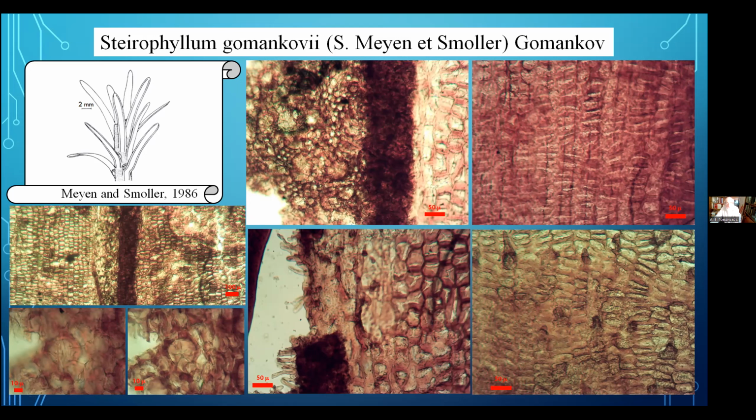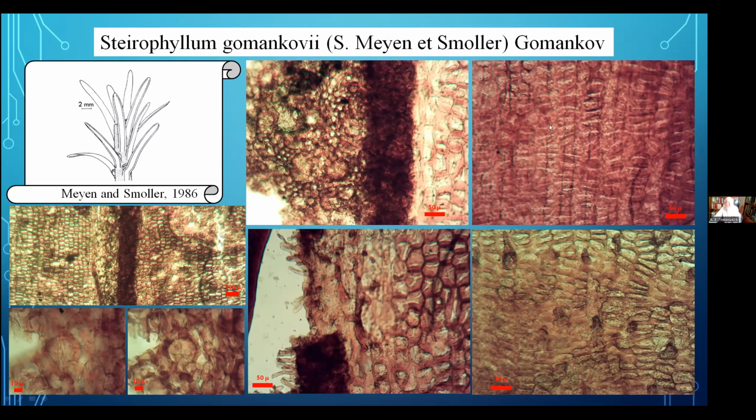Cells of the other system, on the contrary, have very thin walls and are arranged in very regular straight rows.